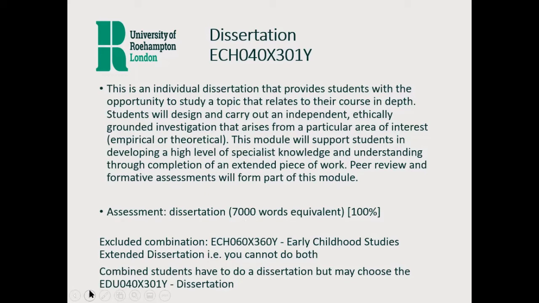If you've carried out a placement, often students want to continue with something that they've examined as part of their placement, but it's where you can really take the program in a direction that you want to.